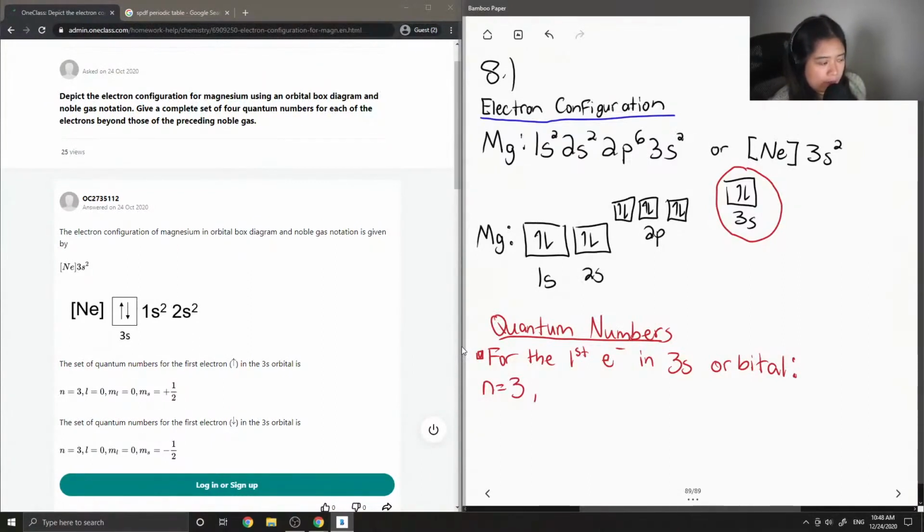And for the l quantum number, this is determined by the block letter. So if we had a block of S, P, D, or F, S is 0, P is 1, D is 2, and F is 3.